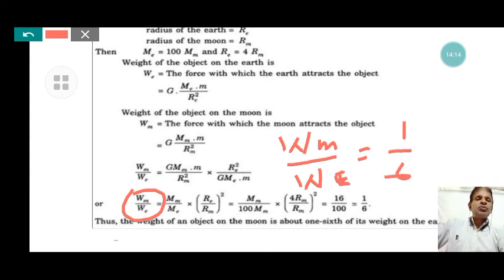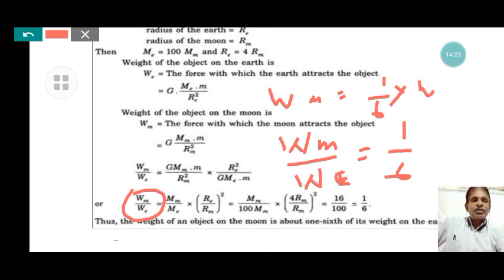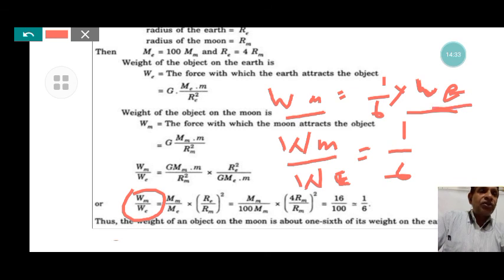So W_m is equal to 1/6 of the weight at the earth. That way, another way we can calculate it, is to compare the weight on the moon and the weight on the earth of the same body whose mass is m kg.